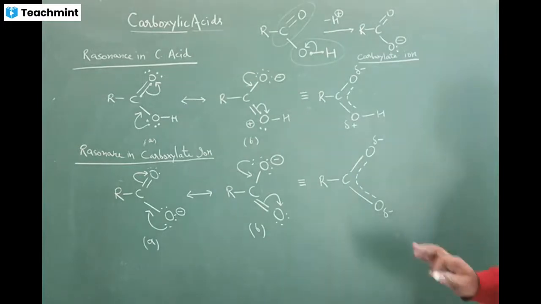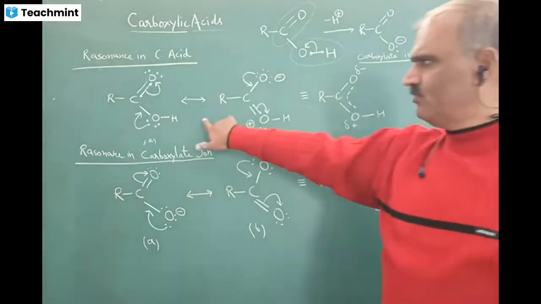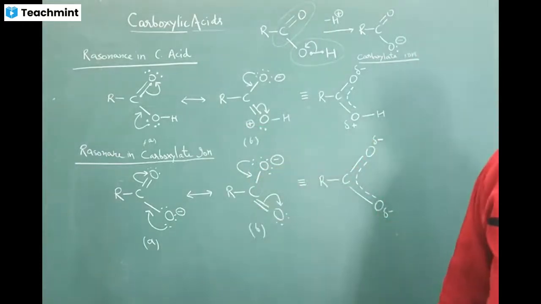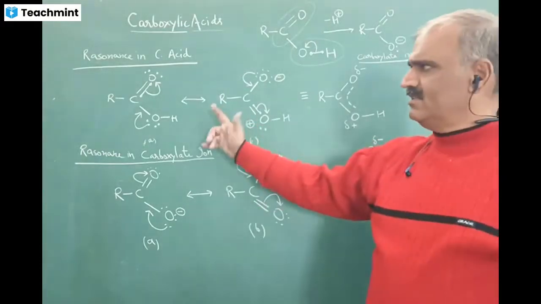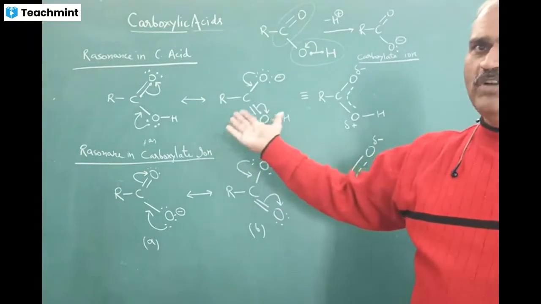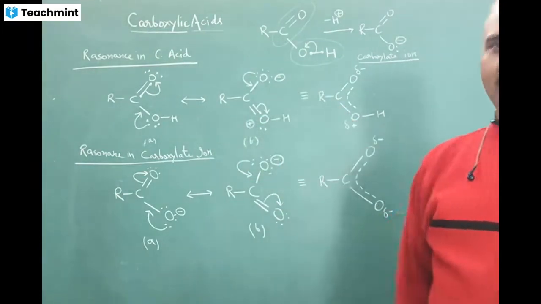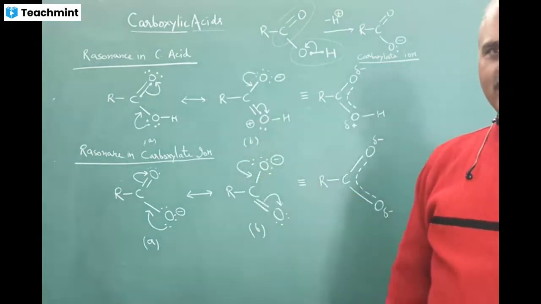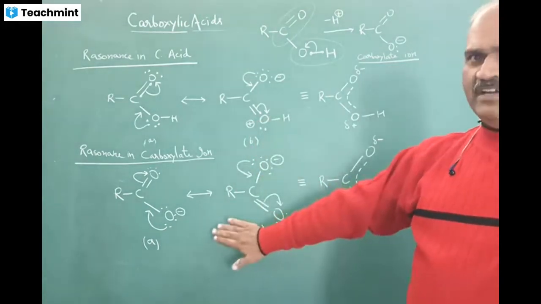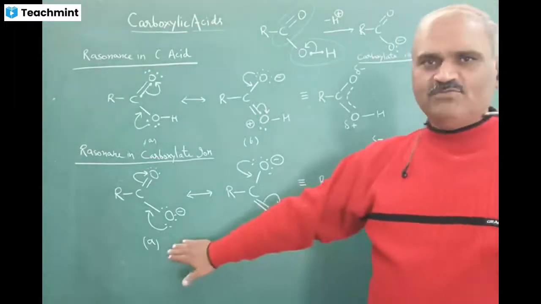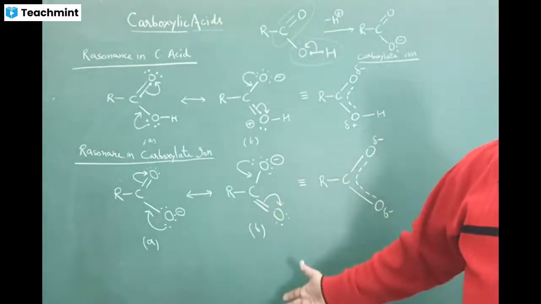Now, if you keenly observe these two structures, you will see that these structures are not equivalent. One of the O is having negative, one of the O is having positive. But here, if you see these two structures, you will see that these two structures are the same.